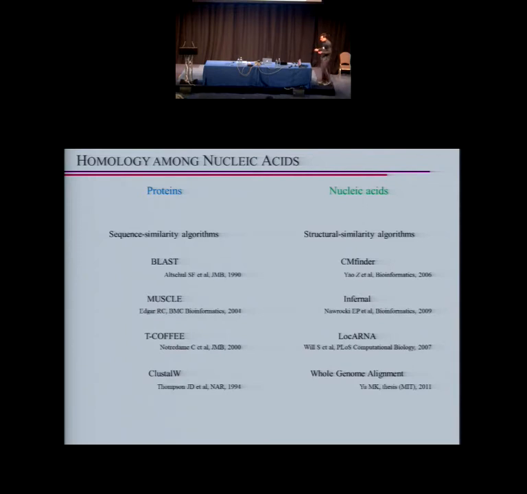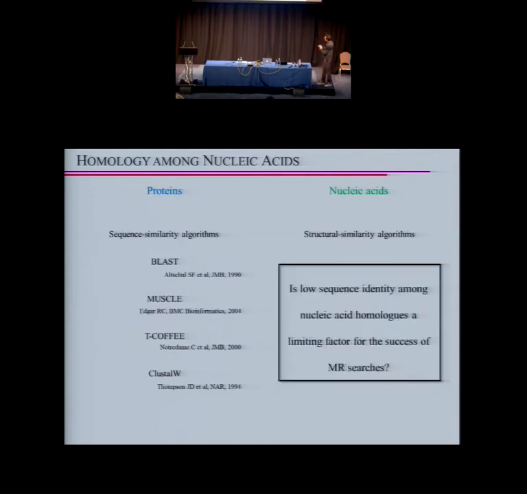At the same time, this difference between proteins and nucleic acids raises the following question. Those potentially good structural homologs in nucleic acids will be characterized by very poor sequence conservation. Would this poor level of sequence identity be a problem, a limiting factor for the success of molecular replacement searches?